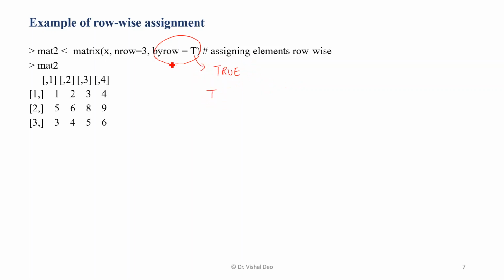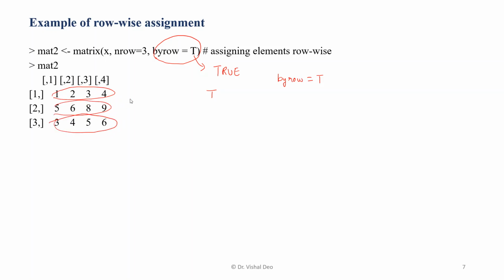By default byrow is FALSE, and if you want the assignment to be row wise, then we have to pass the argument byrow equal to TRUE, and then you can see the difference is that now 1 2 3 4 is the first row, this is the second row, so row wise values have been assigned.